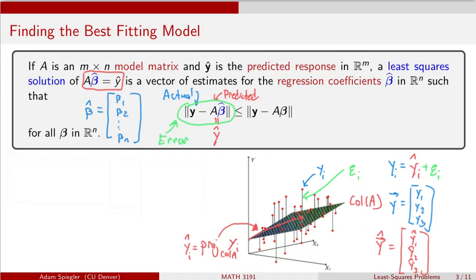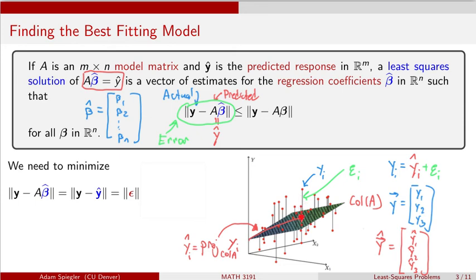So let's set up the corresponding equations that we're going to need to solve to find the least squares solution. We want to minimize the difference of the observed response vector y minus the vector of predictions, so that's y minus y hat. When we take this difference, we get these vertical distances over here, which we can write as the length of epsilon.